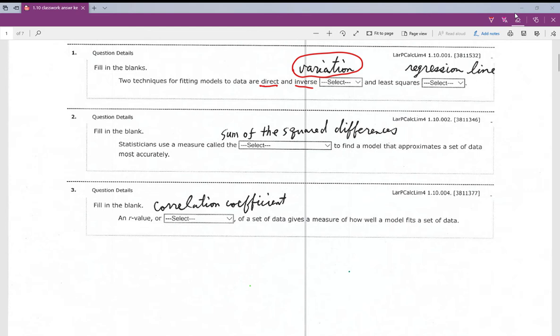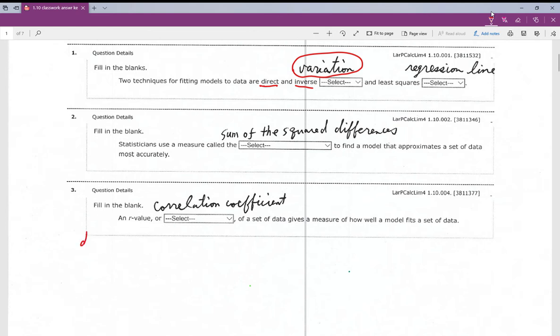But today we only talk about these 2 models. Now, direct variation, inverse variation, what's that? Right now I want to tell you, actually you're supposed to learn this from Algebra 2.